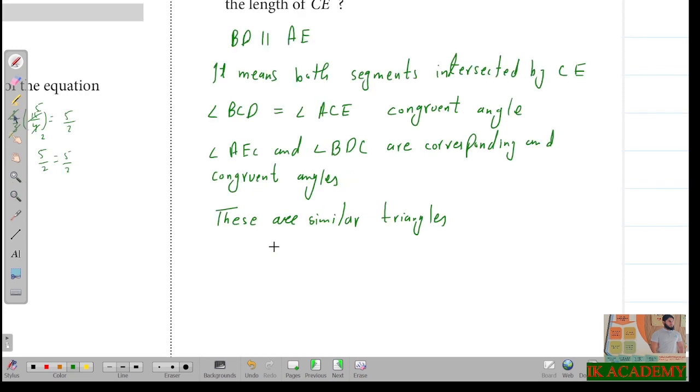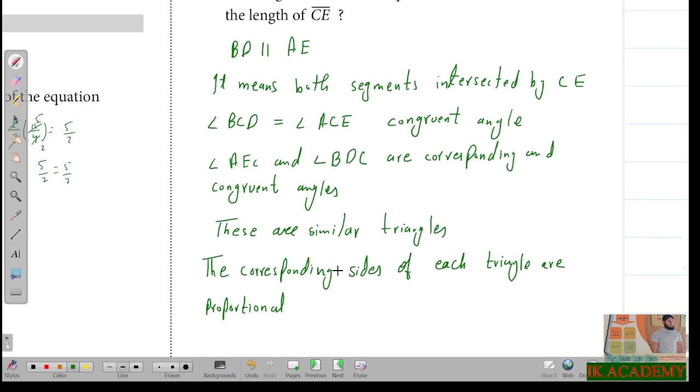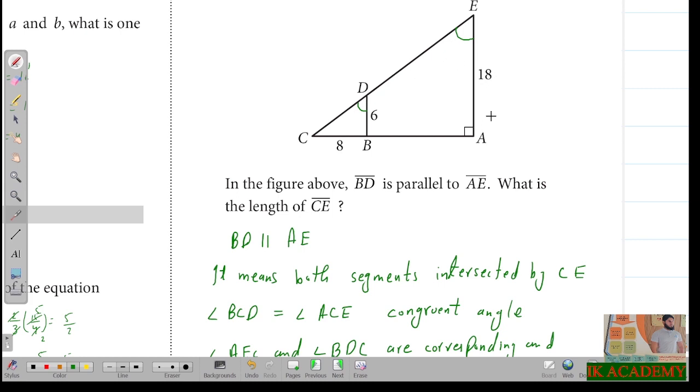The corresponding sides of each triangle are also proportional to each other. It means the proportion of CD divided by BD will be equal to CE divided by AE.